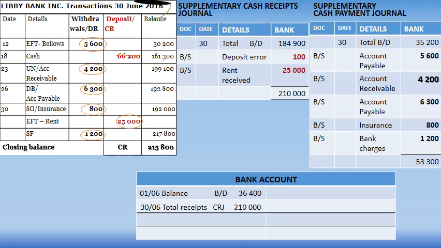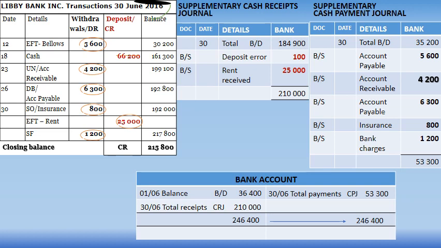Show it as the total receipt, the amount 210,000. On the credit side at the end of the month, post the total payments from the CPJ, the total amount 53,300. Balance off the bank account by determining the highest total. Close off the account by transferring it to the opposite side.